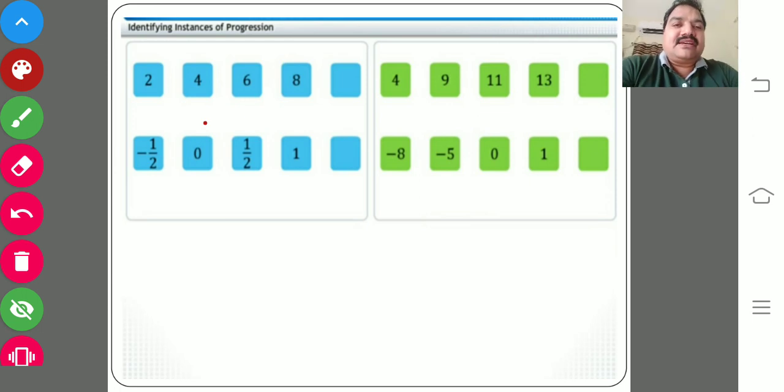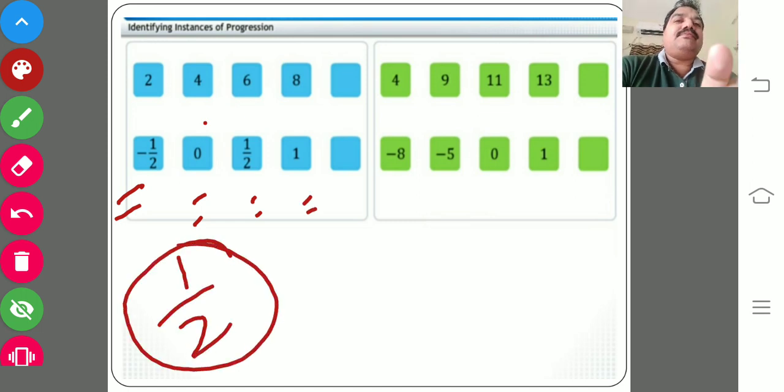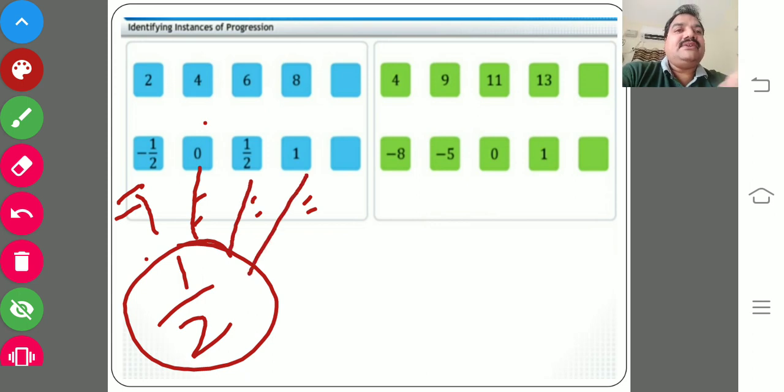Like that, here also I have given minus 1 by 2, 0, 1 by 2, and 1. If you add 1 by 2 to the previous number, minus 1 by 2 plus 1 by 2, you got 0. 0 plus 1 by 2, you got 1 by 2. 1 by 2 plus 1 by 2, you got 1. And 1 plus 1 by 2, you got 1 and 1 by 2.